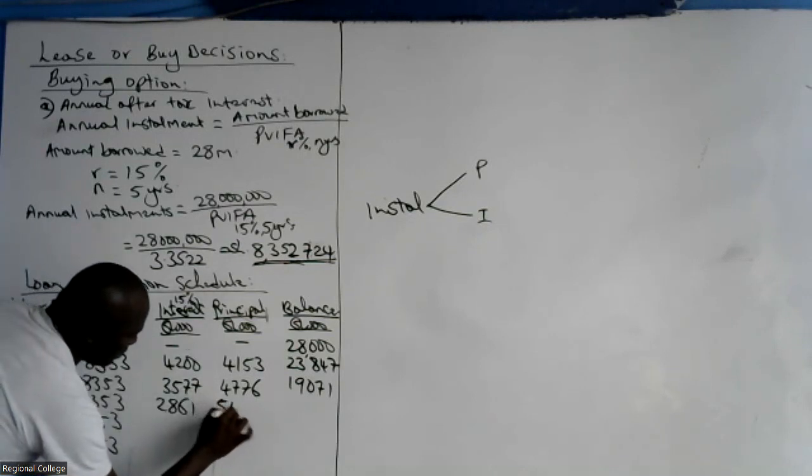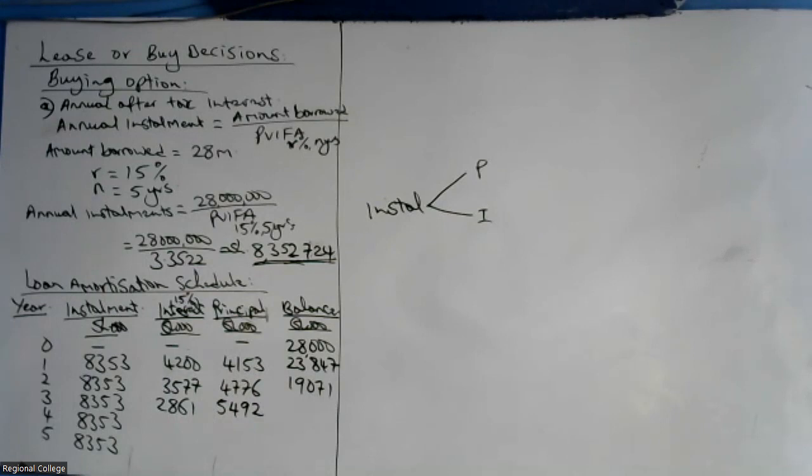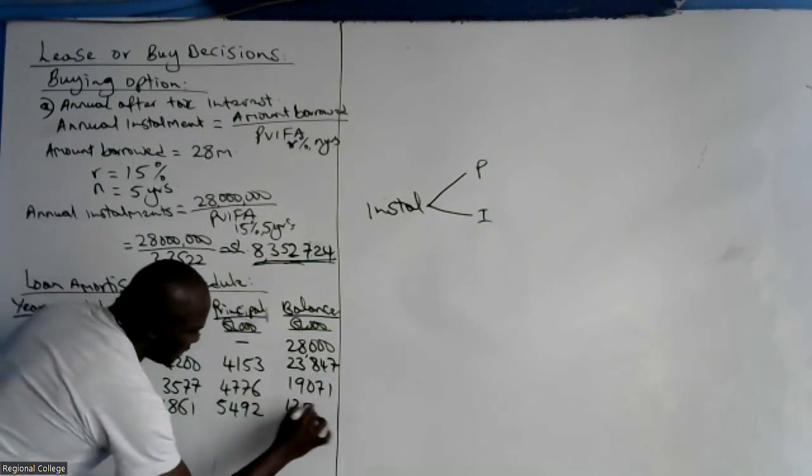854 92. End balance: 19,071 minus your answer, 13,579.